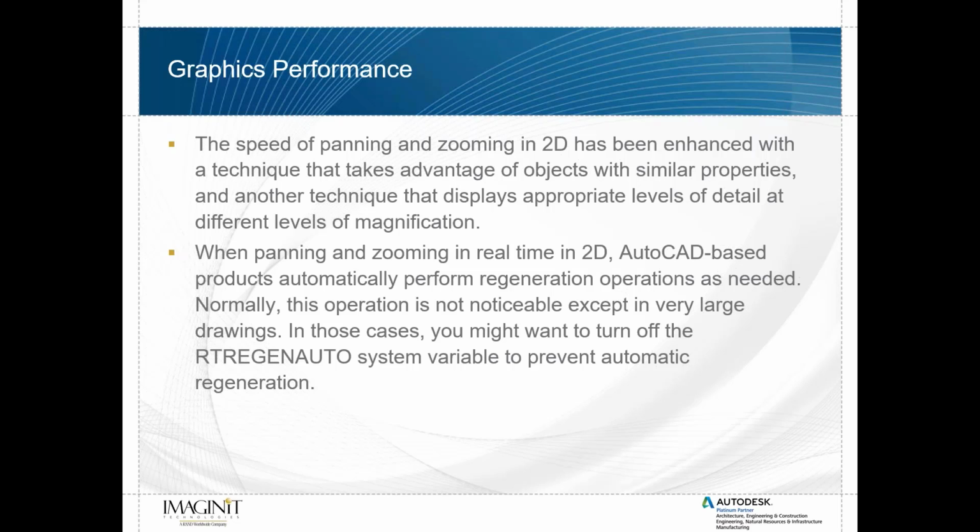In those cases, you might want to turn off the RTREGENAUTO system variable to prevent automatic regeneration. I've seen this happen a few times where we have to turn this off in very large projects, and I'm talking very large civil projects, to get Civil 3D 2021 to actually see what's going on here.